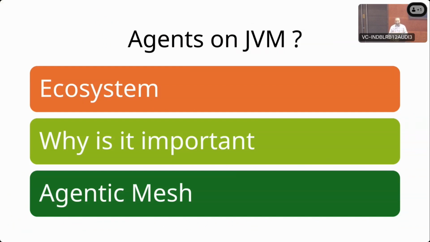And agentic mesh is about how you manage the whole agent ecosystem. Previously, when web services were in vogue, we had all this discoverability and explanation of what these web services are, and how you identify which web service to be used for what, and so on and so forth. That applies for agents as well.